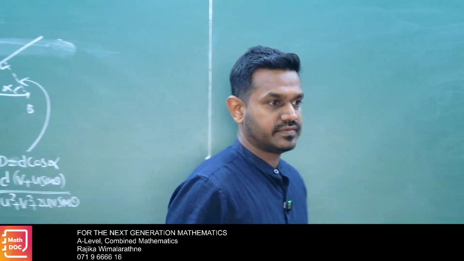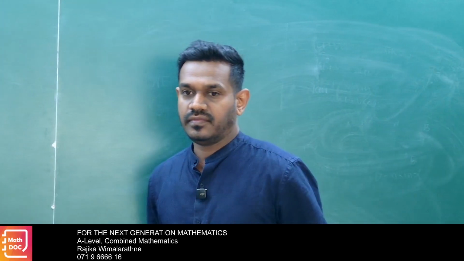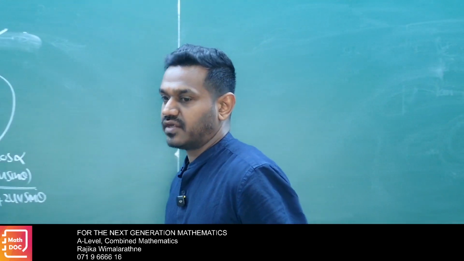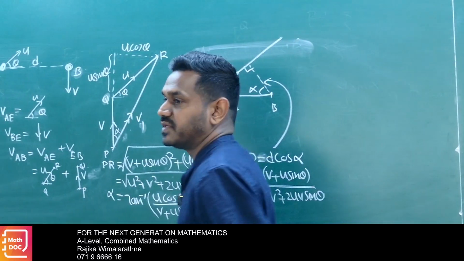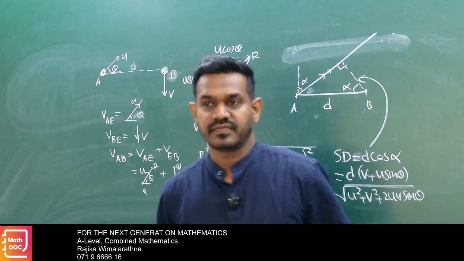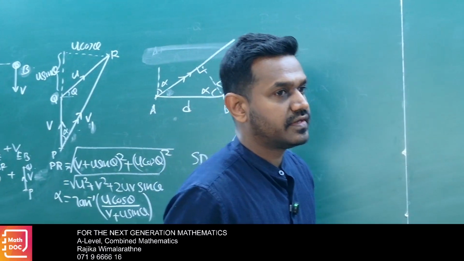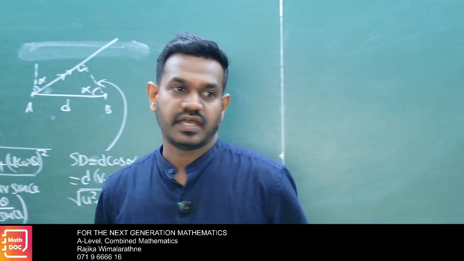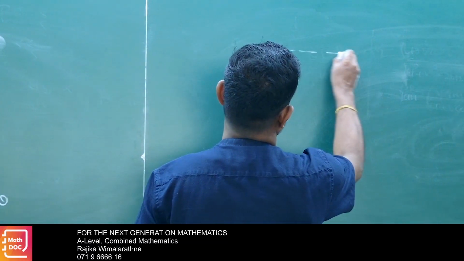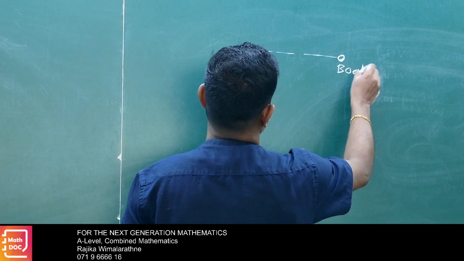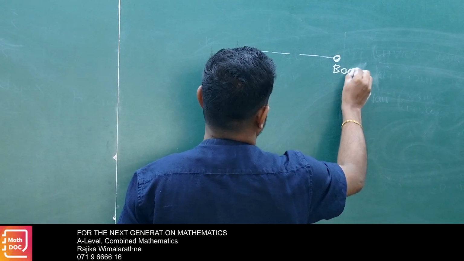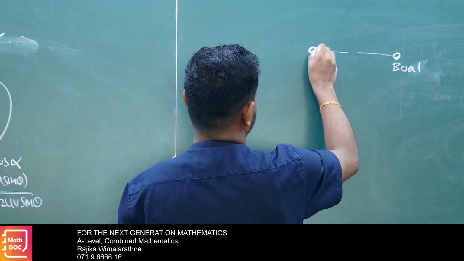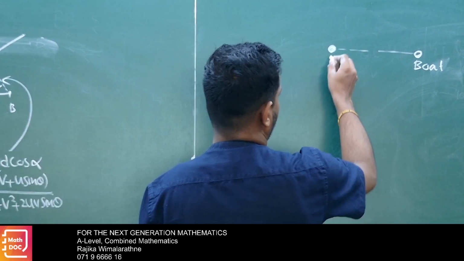At the first encounter, the displacement is simply d, where the boat is due east of the ship.